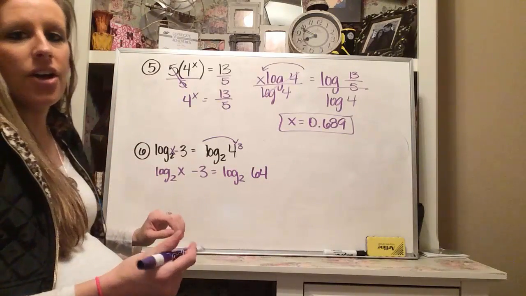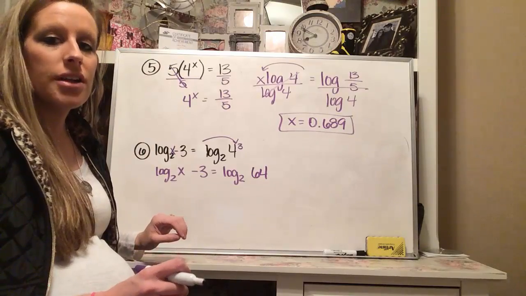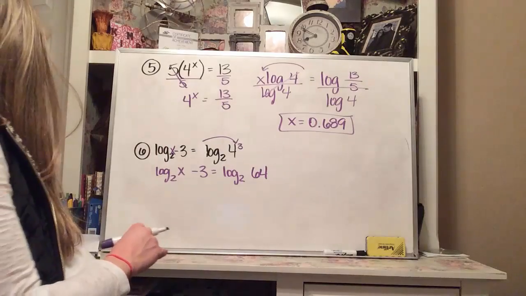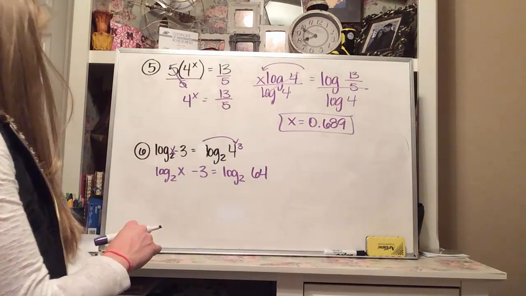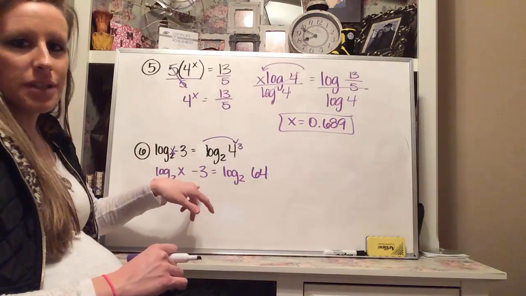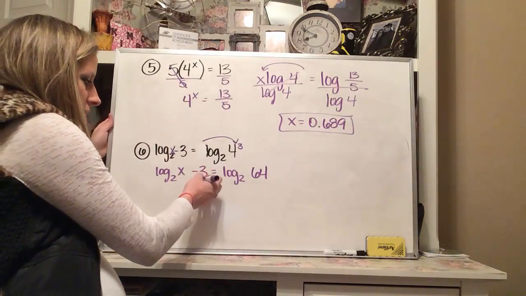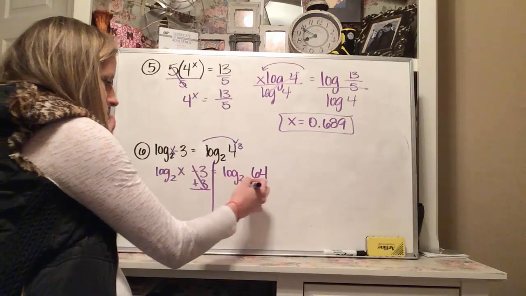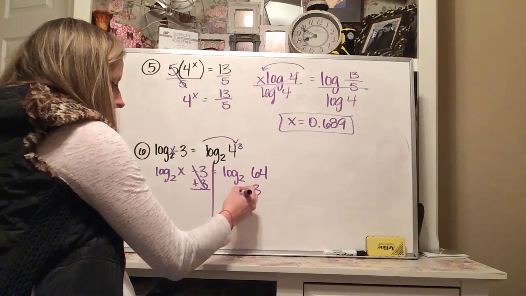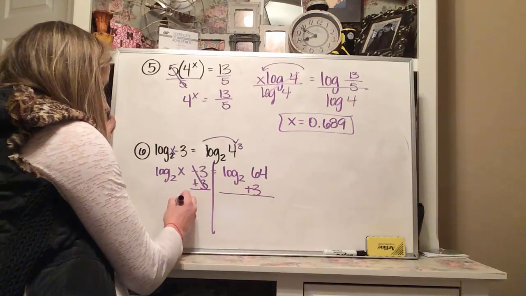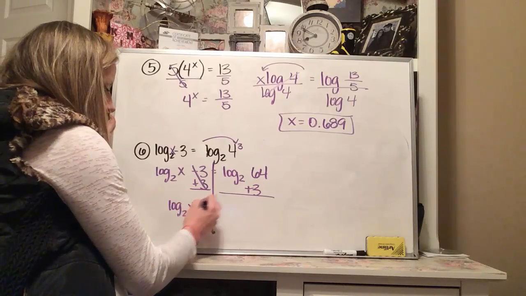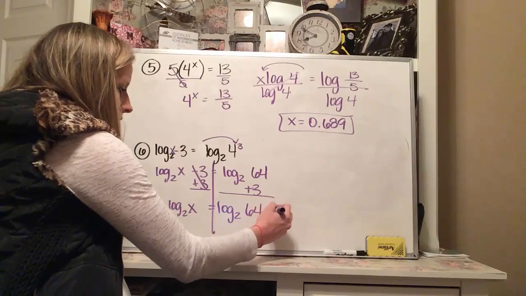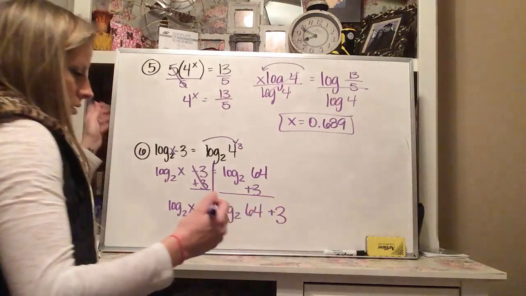Okay, now if you have a non-log term, you need to keep that log term by itself. Now I don't like my number to be negative, so what I did is I added 3 to the other side. So log base 2 of x equals log base 2 of 64 plus 3.